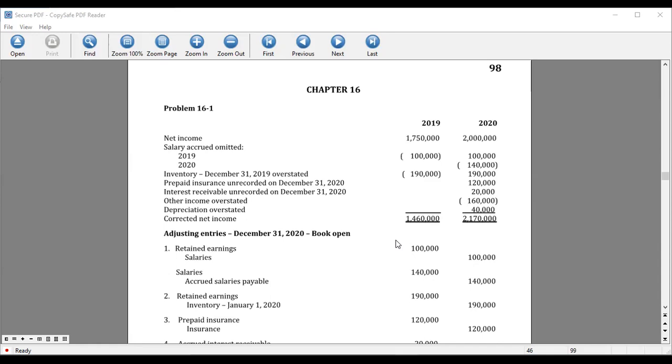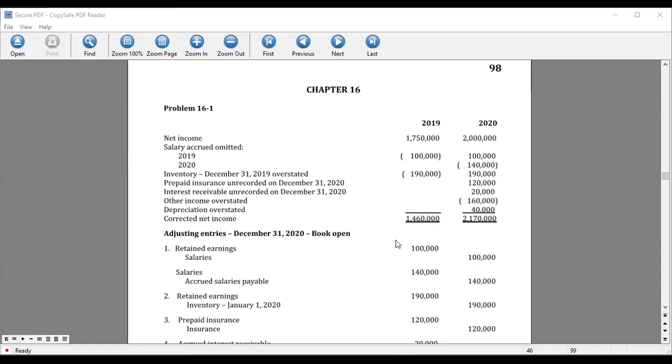We have to credit back because actually they were salaries expenses in 2019. So credit back salaries or salaries expense. Then we record salaries 140,000 and credit accrued salaries payable.